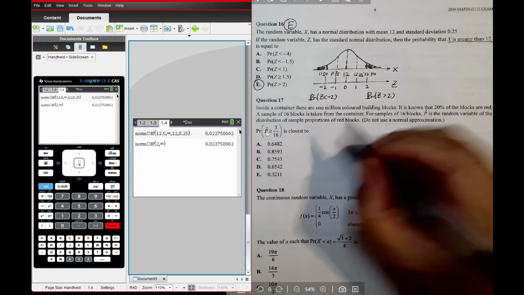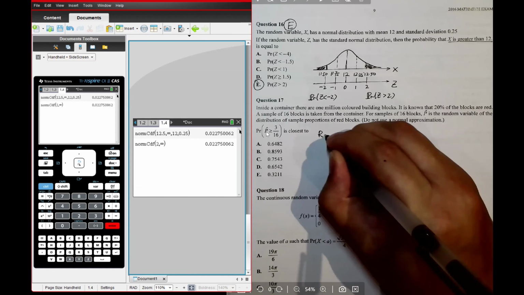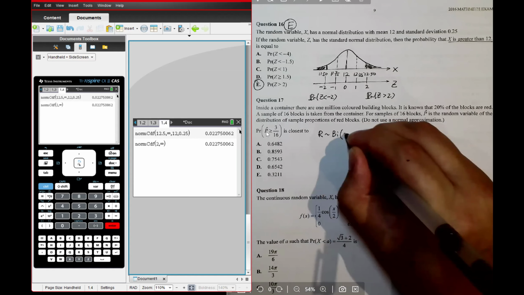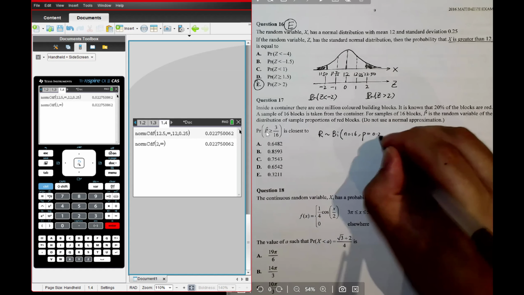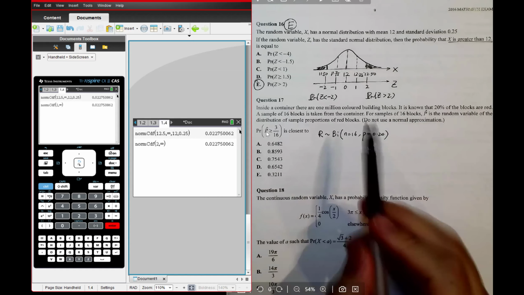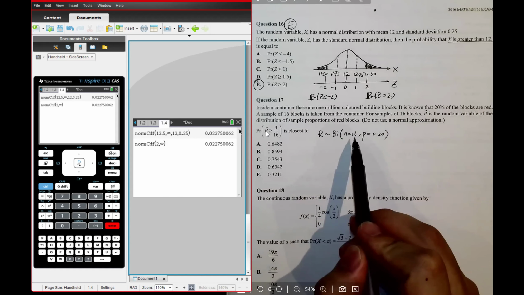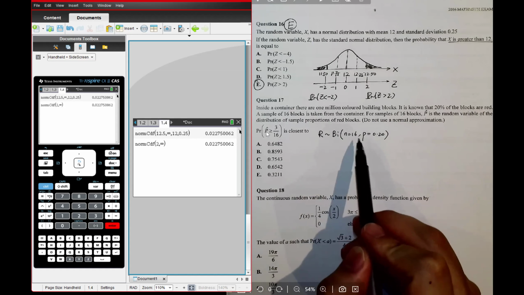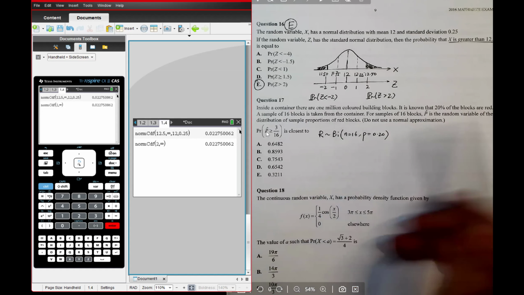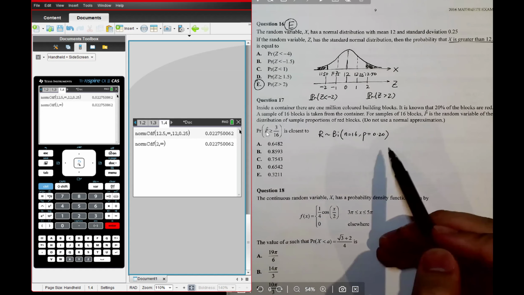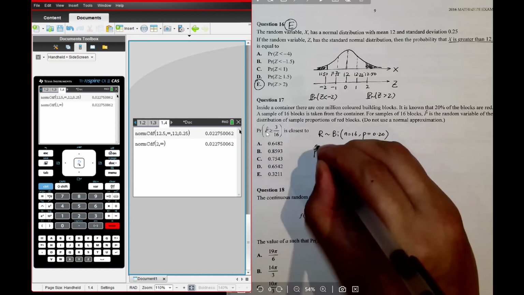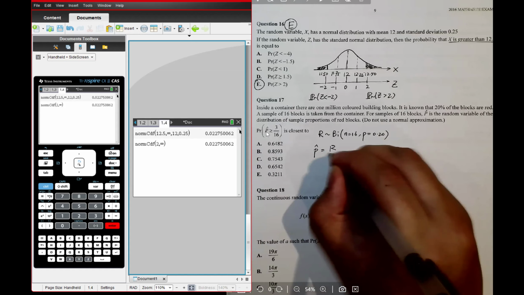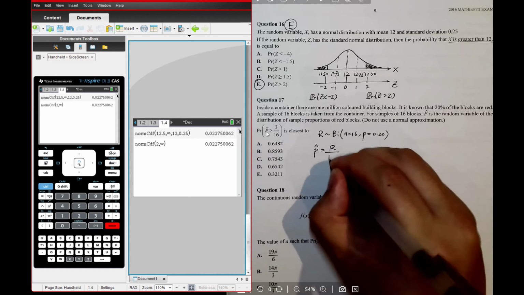Okay, if I call this red, it follows a binomial distribution, n equals 16 and p equals 0.20. So in 16 experiments, each one has a probability of success, a probability of red, of 0.2. Now, convert the p hat. P hat equals r, or x, or whatever letter you call it, divided by 16.